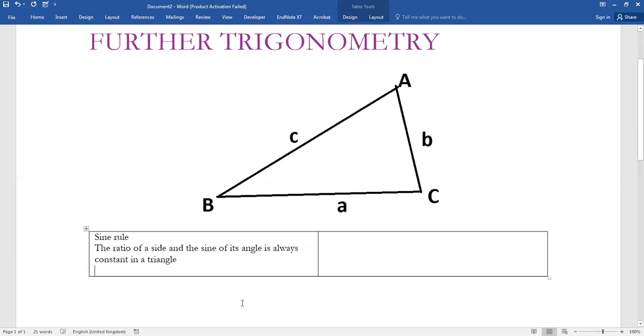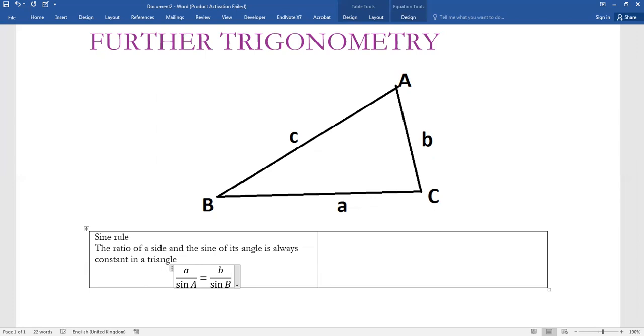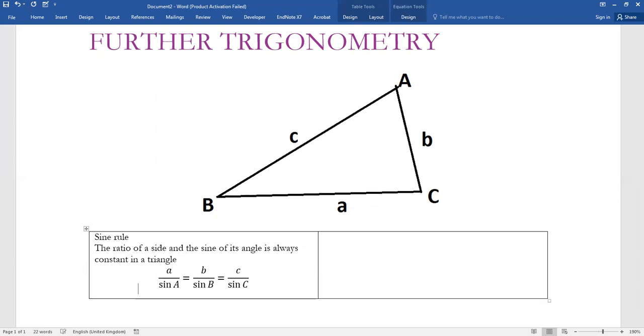So now how do I write it? Let's take any side, for example. If I take side A, now the ratio is sine A. So a and sine A, this ratio will remain the same no matter what side or angle you choose. So you can say this ratio will be equal to b and sine B, or if you would have taken c and sine C, the ratio would remain the same.